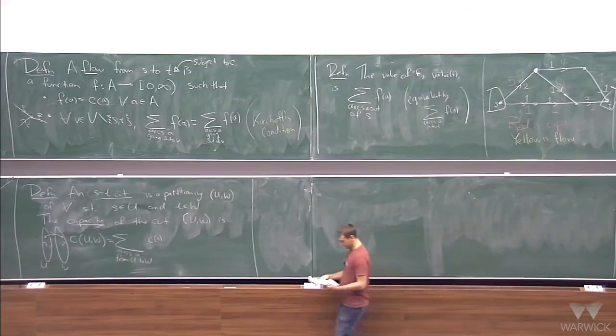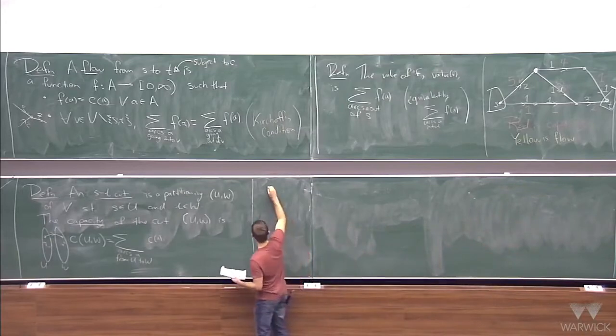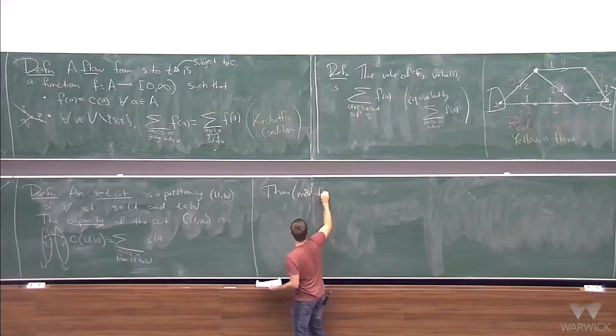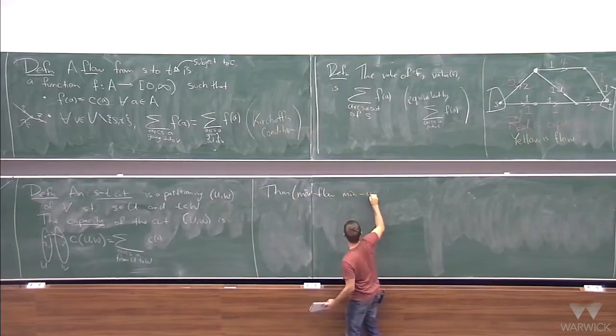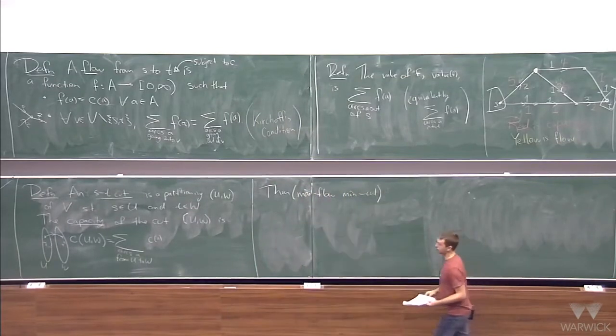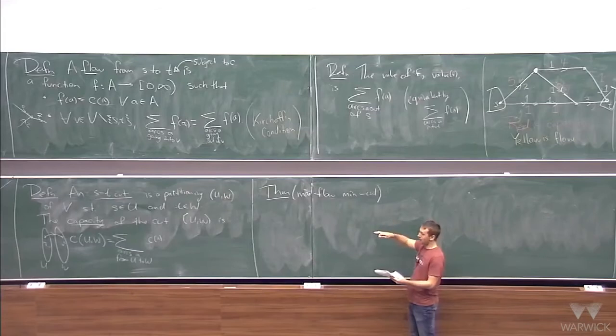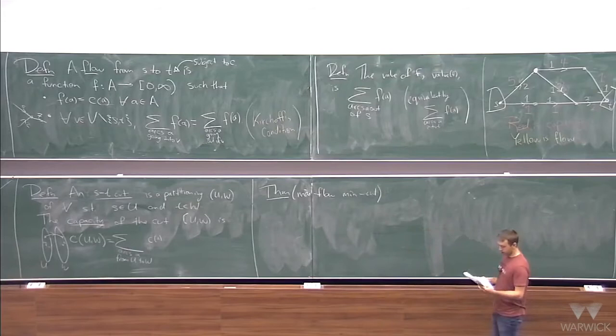Okay, so here's the Max-Flow Min-Cut Theorem. The setup is, as we've been talking about, D is a digraph or a multi-digraph, C is a capacity function, and so on and so forth.